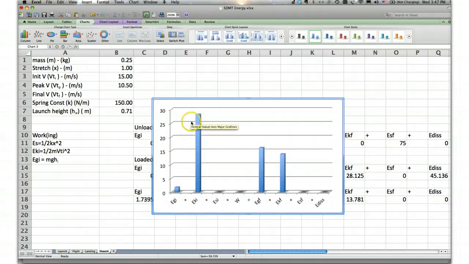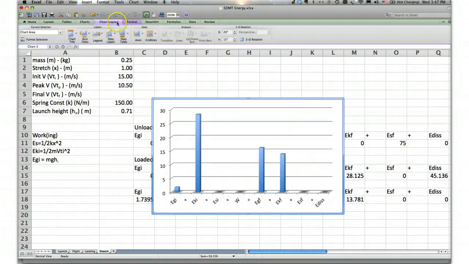The other thing that I have a tendency to do is, just so that the chart itself makes sense, I go to the chart layout area. First of all, I do a chart title. I overlap title at the top, and what I'll say is launch to peak, so that this graph is meaningful.